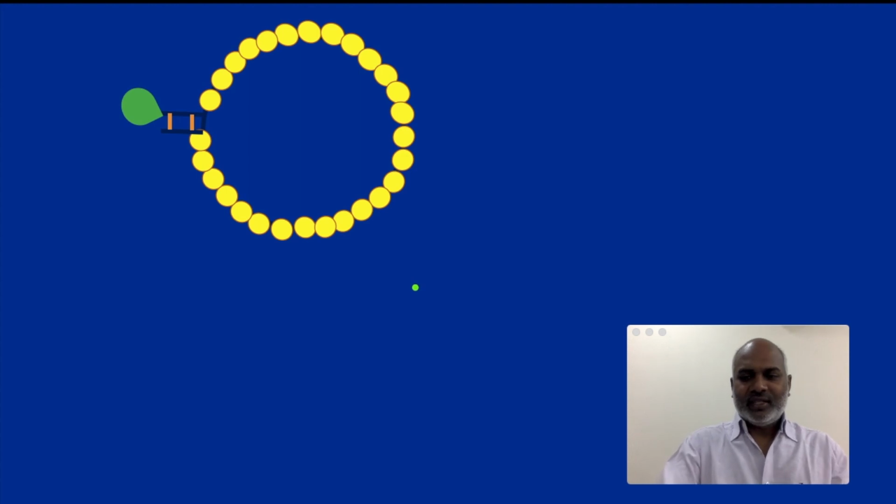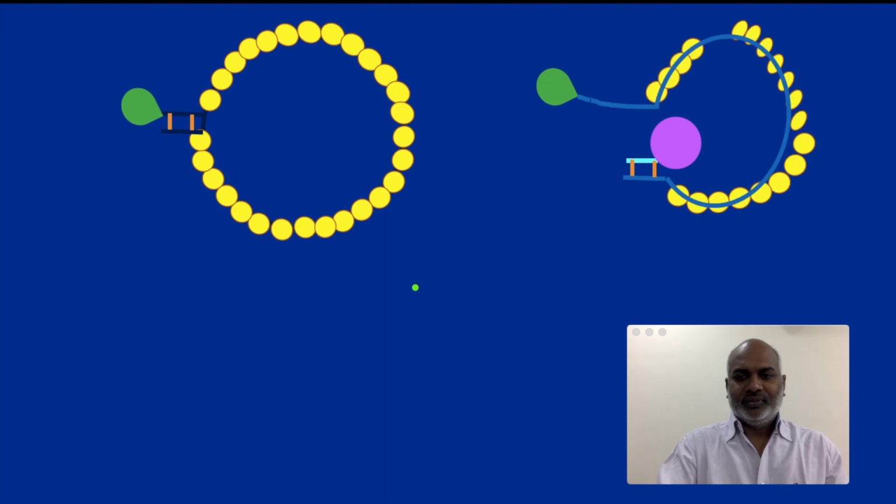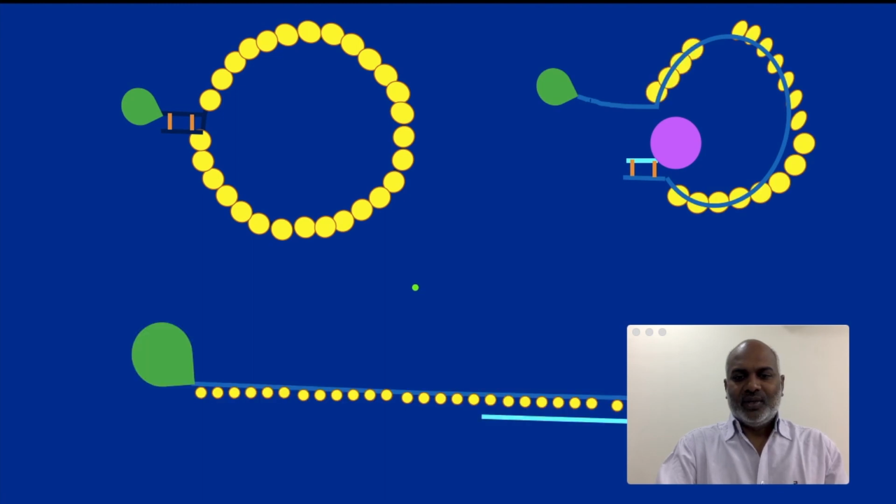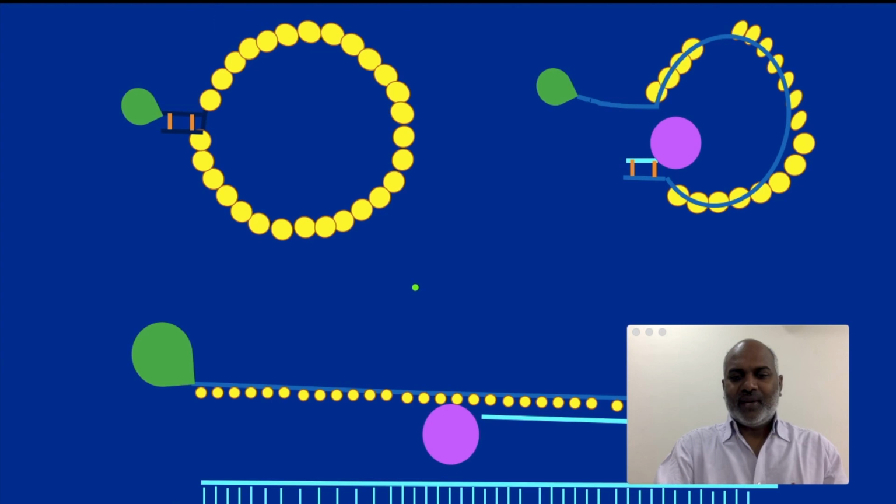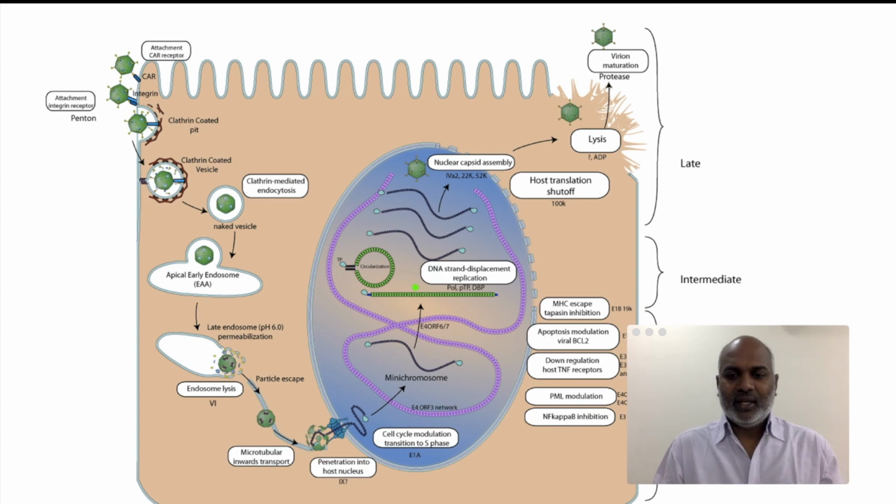Then it starts synthesizing the other opposite strand. This entire process is known as the strand displacement mechanism. That is about the replication.